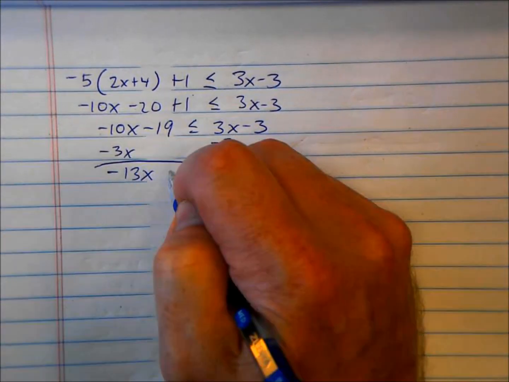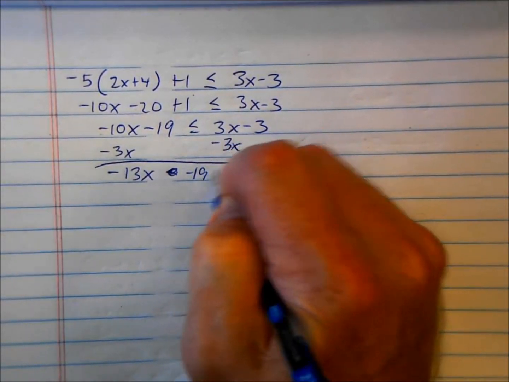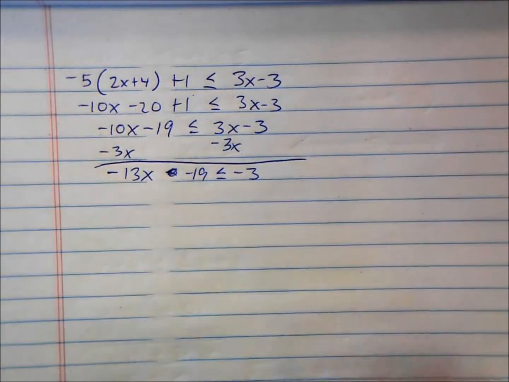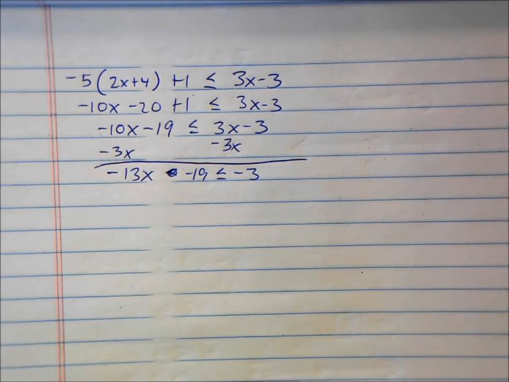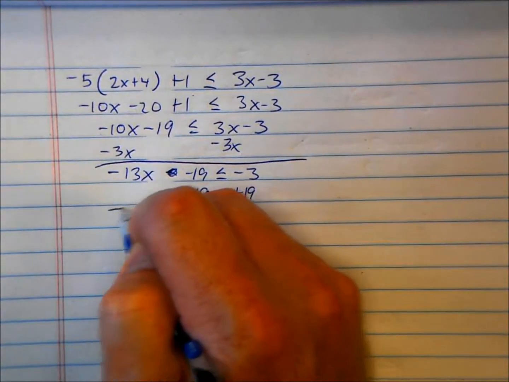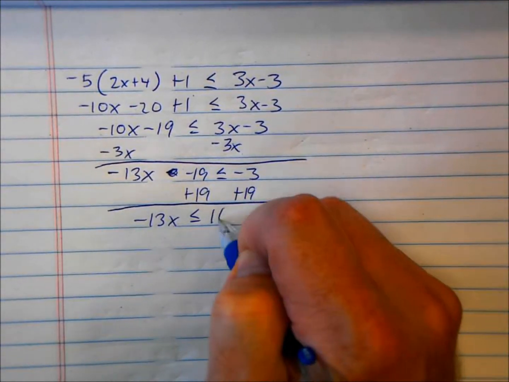Minus 13x minus 19 less than or equal to minus 3. Add 19 to both sides. Minus 13x less than or equal to 16.